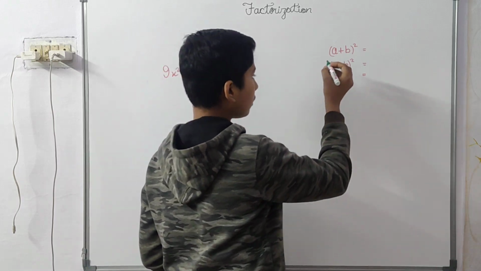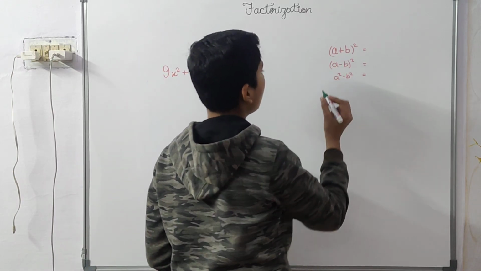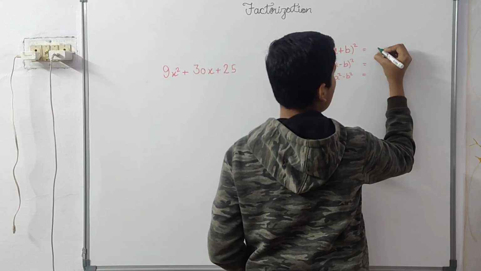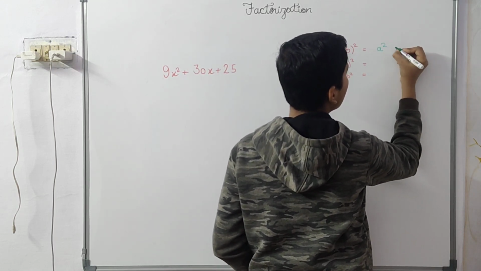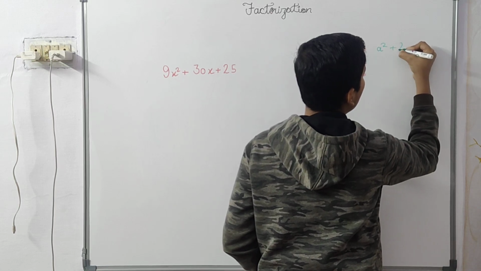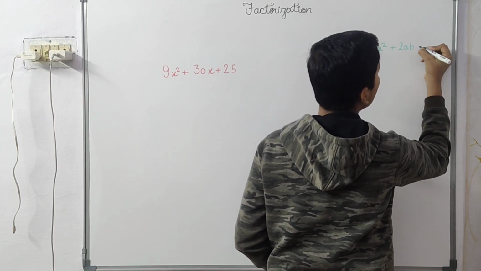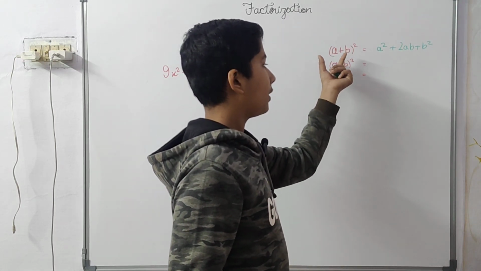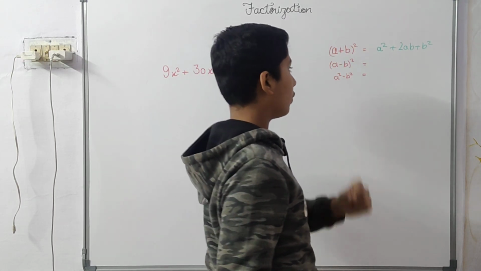Now the identity is a square plus 2ab plus b square. Okay, this is the identity of a plus b whole square.